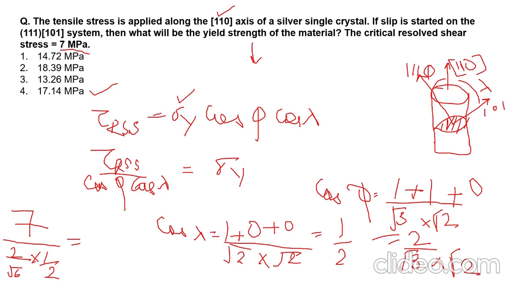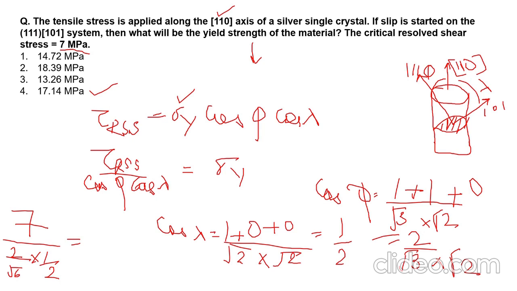It is given that 101 is the slip direction, so I chose this as my slip direction. Then I had to see what is the normal of this plane. The plane is given, it is 111, and the direction normal to the plane will be the same, 111 only. So I choose this direction. Now I can calculate.